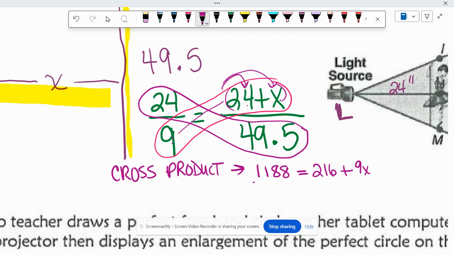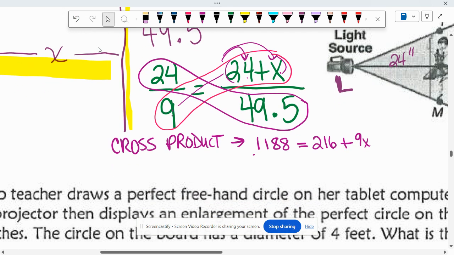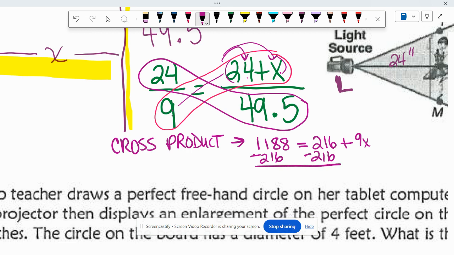So now what are we going to do? Subtract 216 from both sides? Isn't that 972? Equals 9x. Divide both sides by 9, and I find out that x equals what?